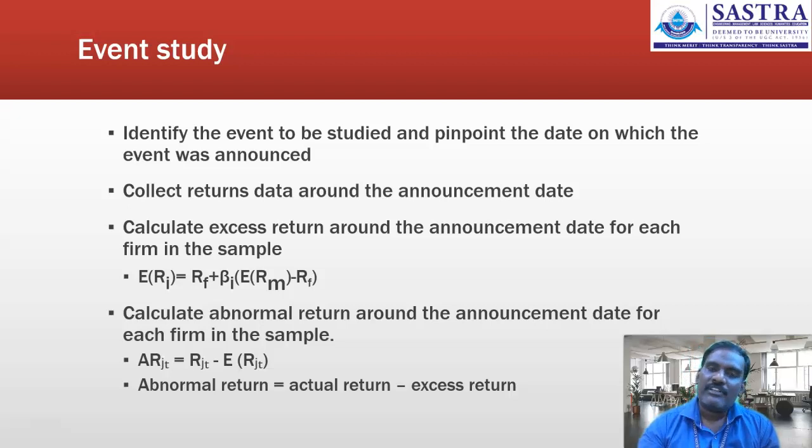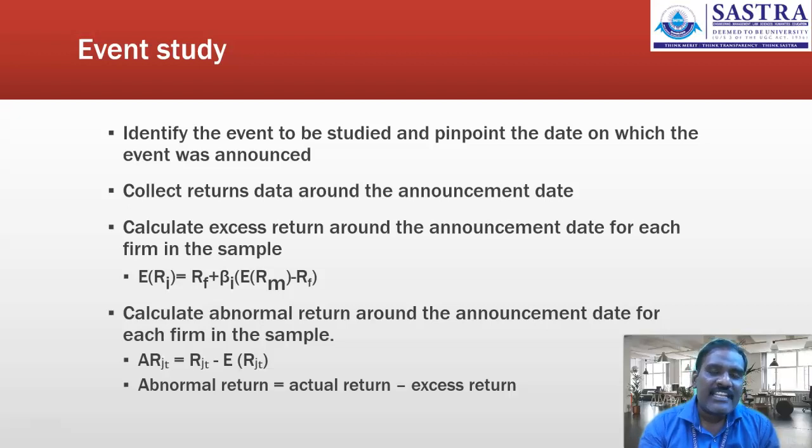What is the market condition? What risk is prevailing during the specific period of time? And for compensating that particular risk, what return is expected by the investor is going to be identified by using a model called CAPM, the capital asset pricing model, which is used by the researcher for calculating the expected rate of return.